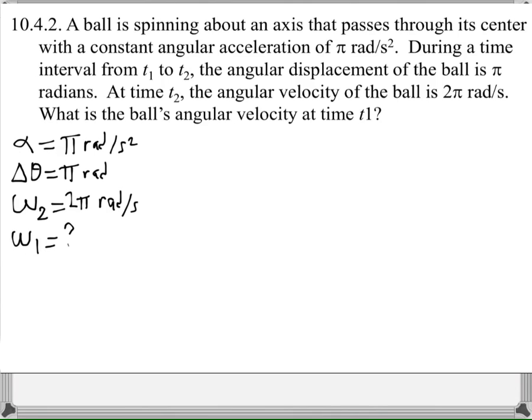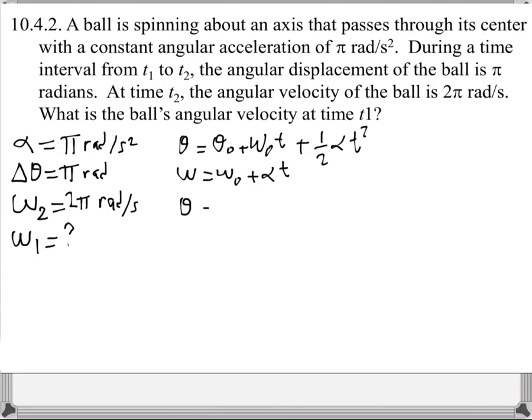You have theta is equal to theta 0 plus omega 0 times t plus 1/2 alpha t square, right? And you have another equation for the final angular velocity, omega 0 plus alpha times t, and etc.